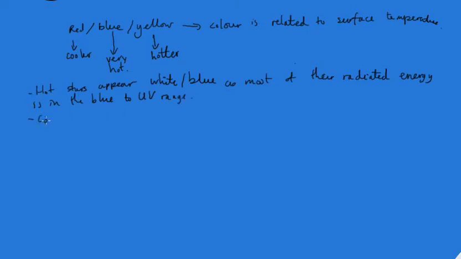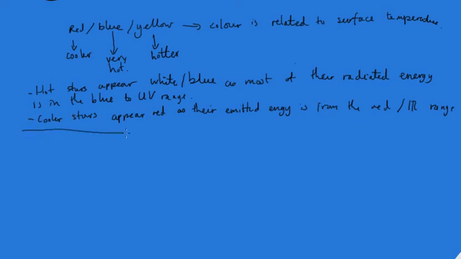And cooler stars appear red as their emitted energy is from the red to infrared range in the electromagnetic spectrum.